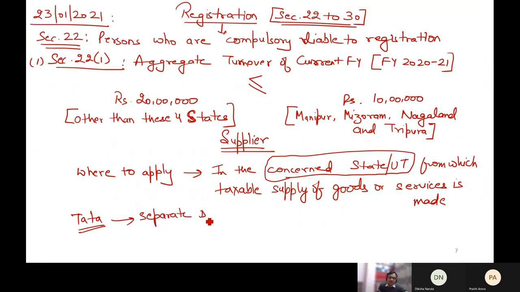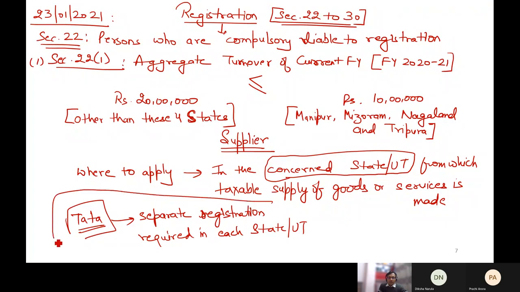Separate registration is required in each state or UT. If the turnover of Tata exceeds 20 lakh per year, of course it exceeds, then Tata has to take registration in every state or in every UT.